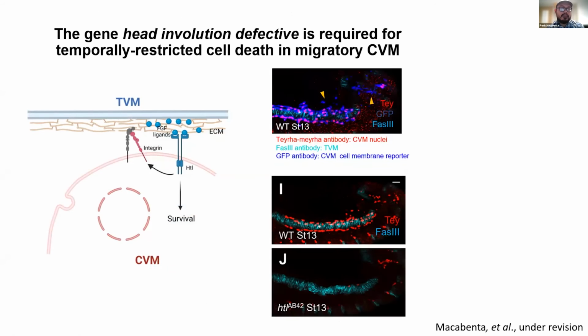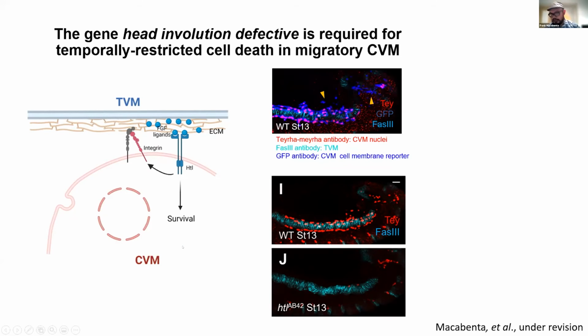To summarize what we know so far, the heartless FGF receptor is expressed in the CVM and interacts with FGF ligands expressed in the TVM. Research conducted in our laboratory has also found a link between FGF signaling and the promotion of integrin-mediated adhesion to the TVM substrate, as well as survival.